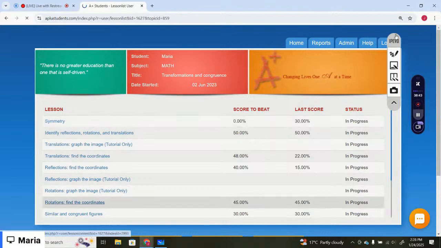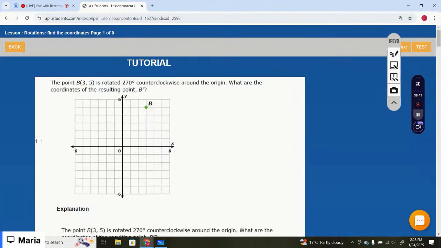The next lesson is rotation, find the coordinates. The point B 3, 5 is rotated 270 degree counterclockwise around the origin.